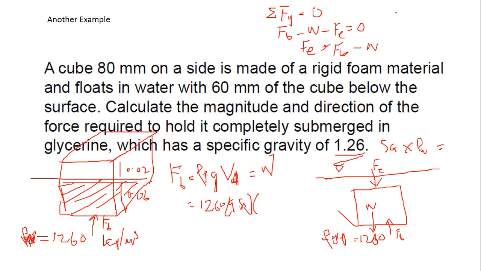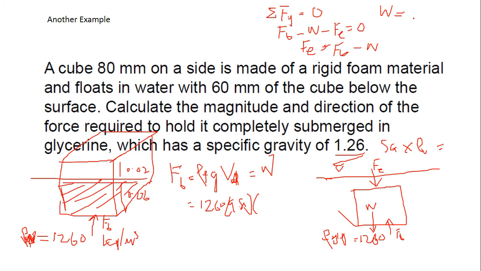So what's your W? W is the weight of the block, it doesn't matter whether it's in glycerin or anything else. So W refers to the weight of the block, right? What's your W for this block? I got 3.76. How did you calculate this?